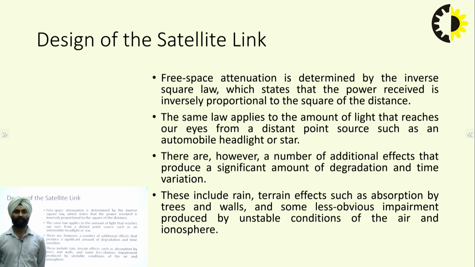There are, however, a number of additional effects that produce a significant amount of degradation and time variations. These effects include rain, terrain effects such as absorption by trees or walls, and some less obvious impairments produced by unstable conditions of air and ionosphere.